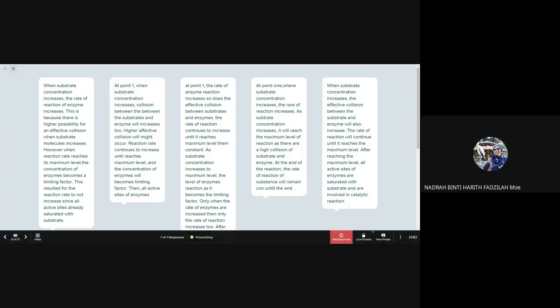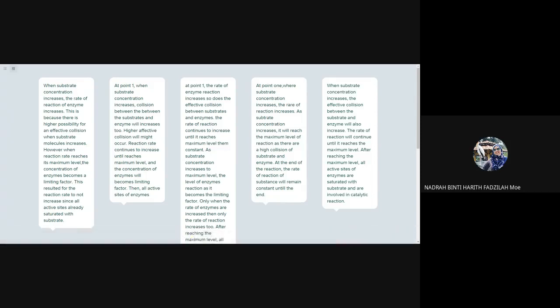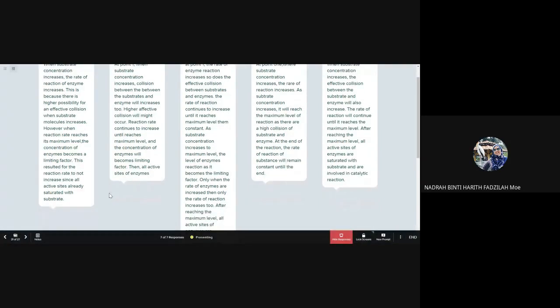So at point 2, we can say that the rate of enzyme reaction is at a constant level. Right? The rate of enzyme reaction is constant. At point 2, the rate of enzyme reaction is constant because, as you wrote there, the concentration of enzyme has become a limiting factor.